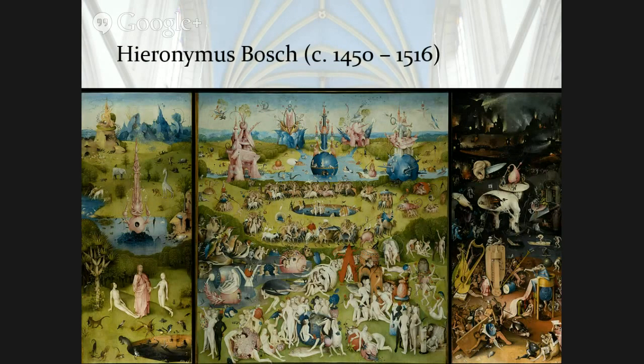Just for some fun, Hieronymus Bosch from the Netherlands. It's almost like a medieval surrealism. If you are familiar with Salvador Dali, a surrealist artist. So this is his Garden of Earthly Delights.